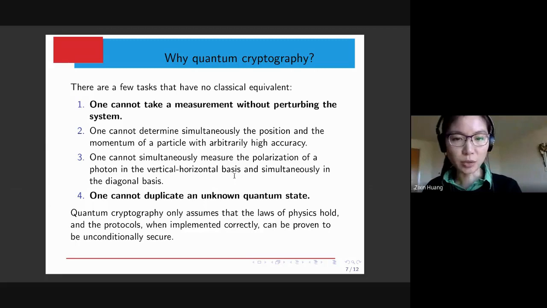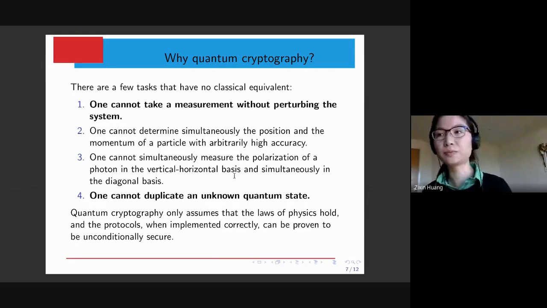So quantum cryptography only assumes that the laws of physics hold, and the protocols, when implemented correctly, can be proven to be unconditionally secure.